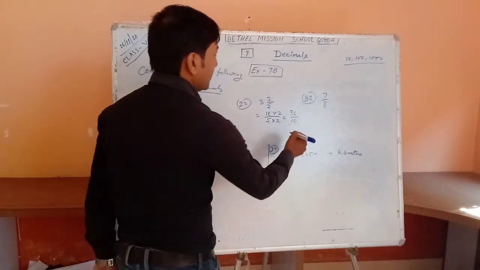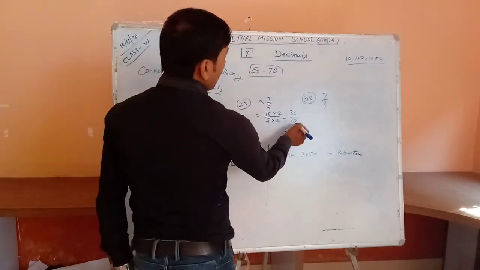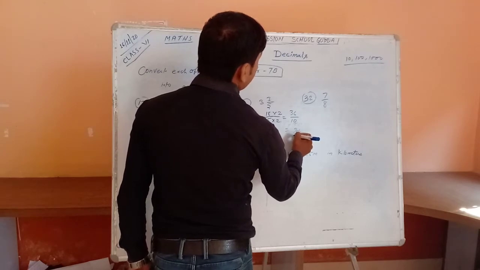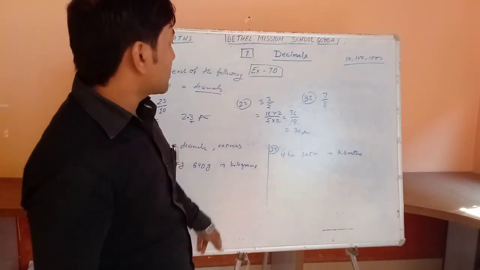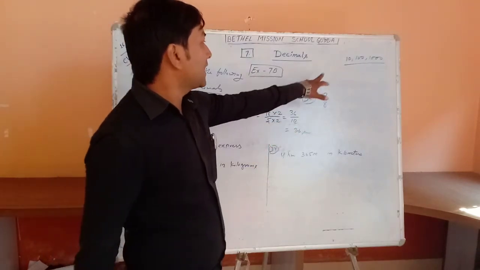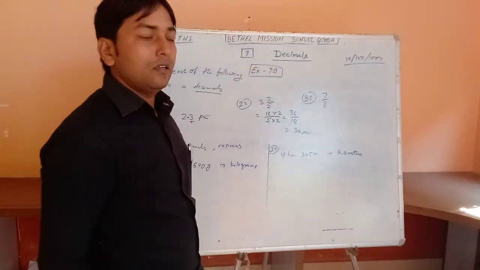Now we can put the decimal in an easy way. 36, write down and put the decimal after 1 digit, as 10 is given. So 3.6 is the answer. Okay, it means you have to convert the denominator to 10, 100 or 1000, whatever.